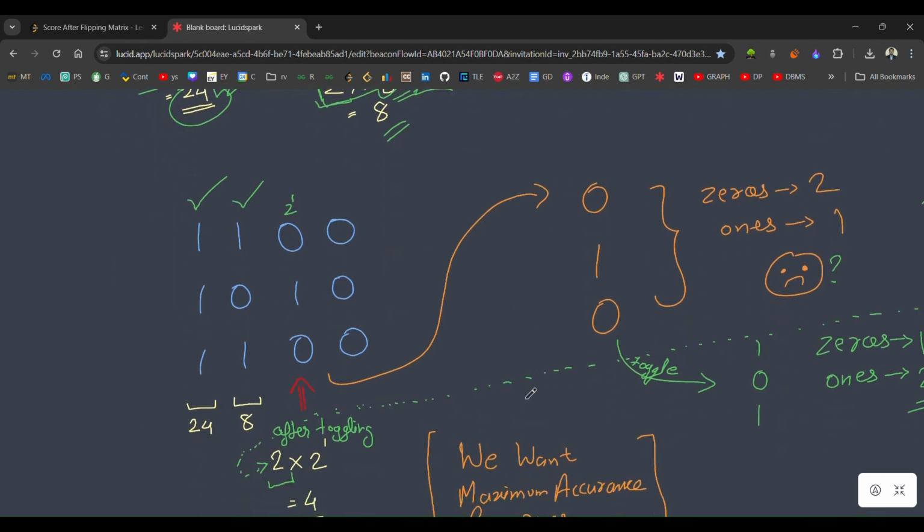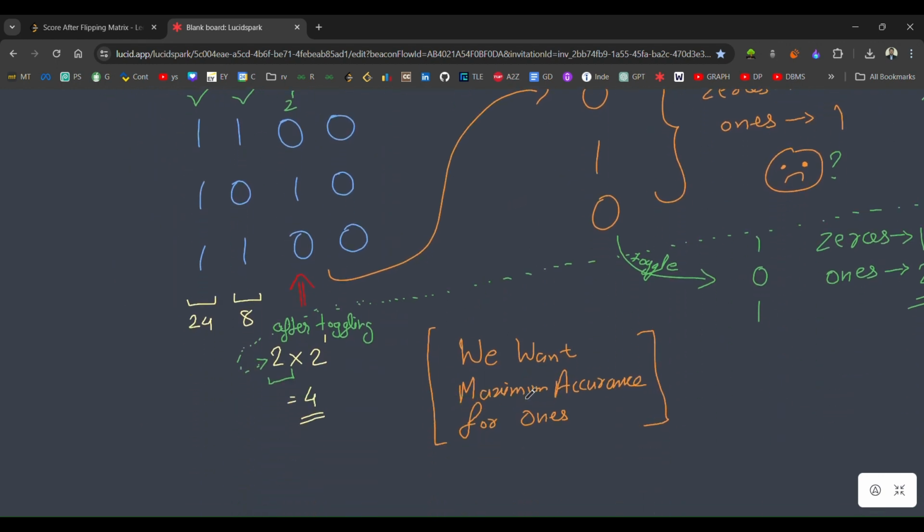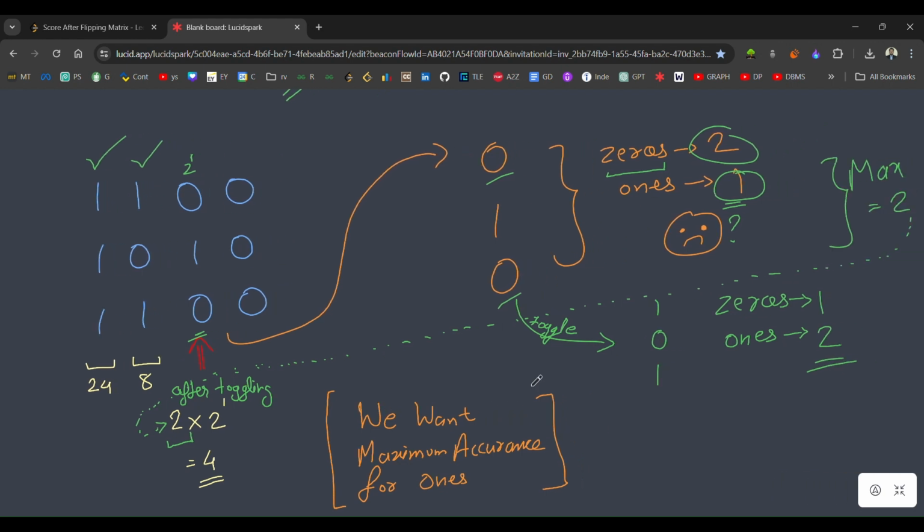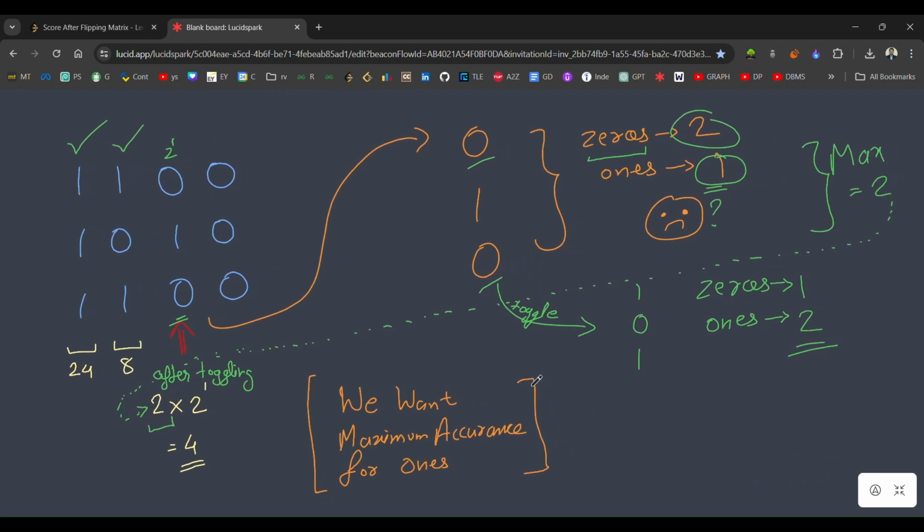Moving forward, when I look into this column, the number of ones is 1 and the number of zeros is 2, right? Here and here 0 is there, so the number of zeros is 2. Oh okay, so the number of ones is way lesser. So what do we have to do? After toggling it, what happens? The number of ones will increase, right? That's what we want.